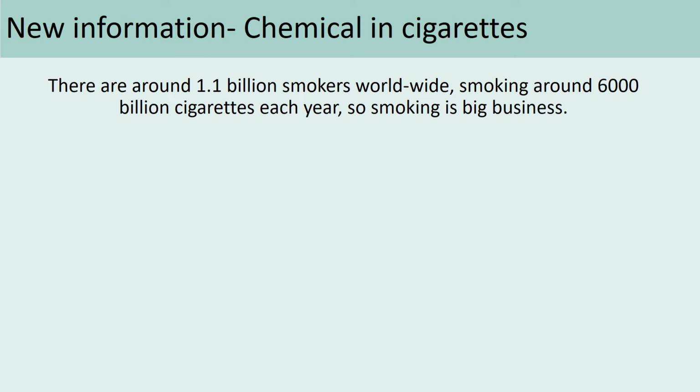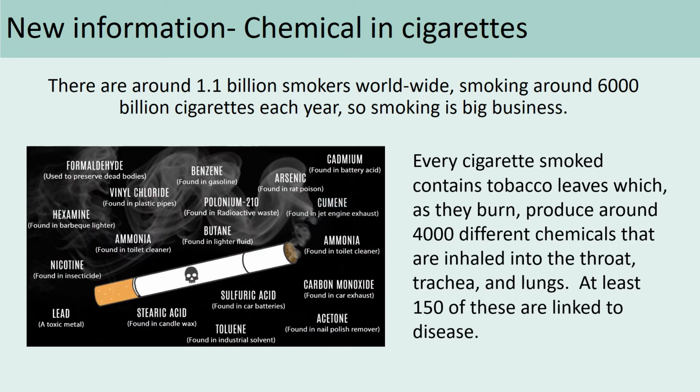That means there is a big business in smoking, which caused a lot of problems in the first place, because big cigarette brands would lobby governments so the governments wouldn't introduce anything that's going to stop people buying them, and also they didn't release the effects of smoking for a very long time.